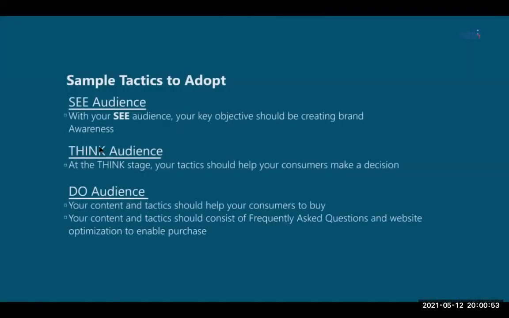So at this stage, your content should consist of frequently asked questions. Or your website should be optimized for consumers to easily take an action. Your phone number, your email for services. If it's an e-commerce website, the ability for consumers to buy straight from your website because they are ready to do that.